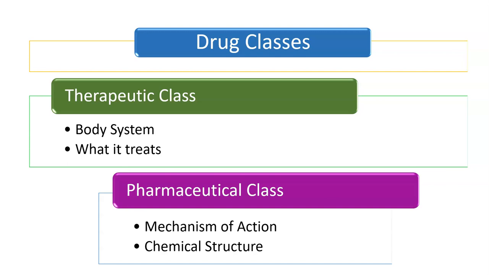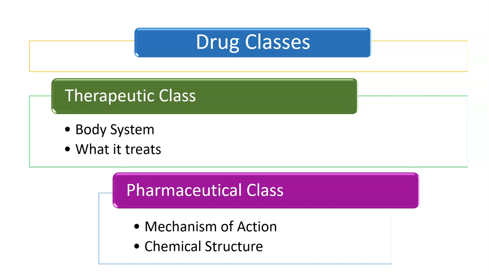We break drugs apart and put them in groups that have things in common, and that may be how they do it. So just as an example, when we talk about antihistamines, they're going to block histamine. They have something in common. That's their mechanism of action. They are blocking histamine. Now, how they might do it could be a little bit different, but we're not going to get quite that deep into some of these drugs.